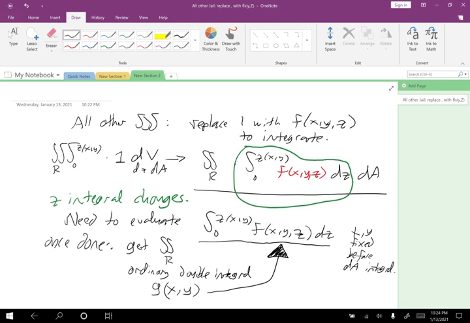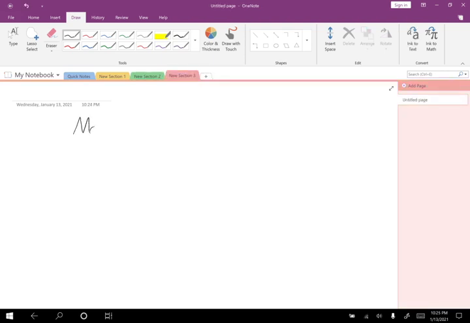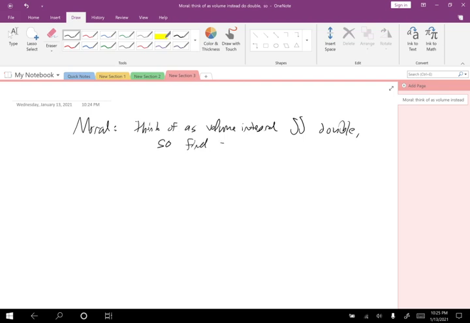And so really, the moral of the story is, don't get freaked out by the fact that it's a triple integral. Think of it first as a double integral, as a volume integral, and it's just double. And so you're just going to find your z of xy and your r limits.